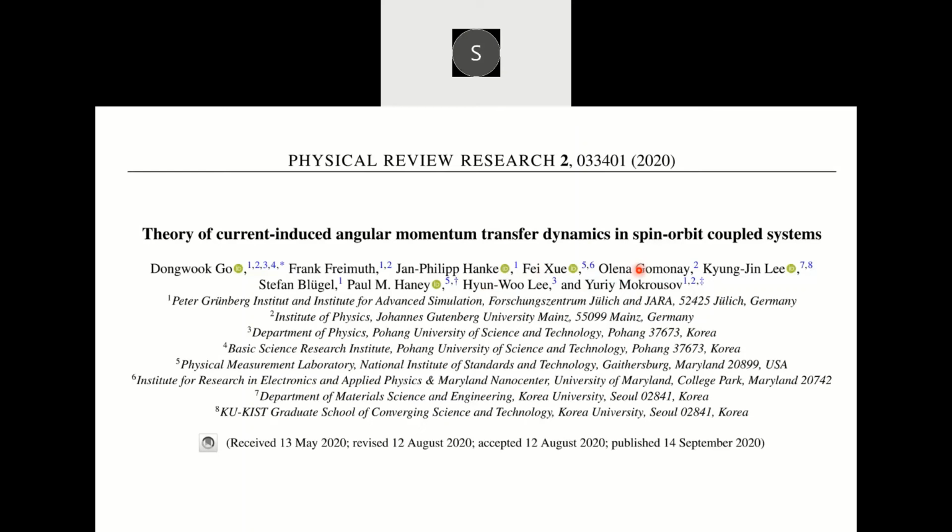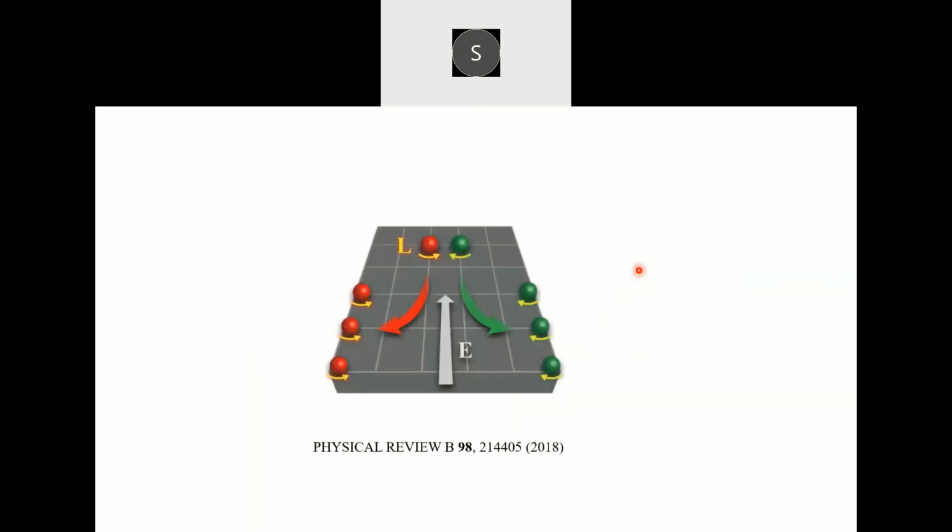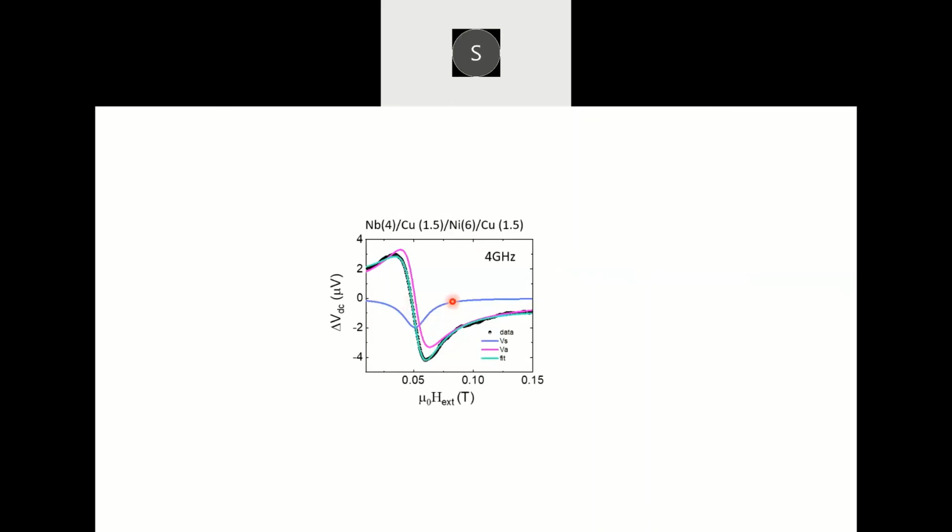And since we have taken these metals which have a negative spin Hall angle, we can conclusively say that since the sign changes, here it is the orbital Hall effect, because we have also inserted copper between niobium and nickel as a control sample. There also we obtained a similar trend, the same as the niobium nickel case. So it is not generated from any interfacial effect.